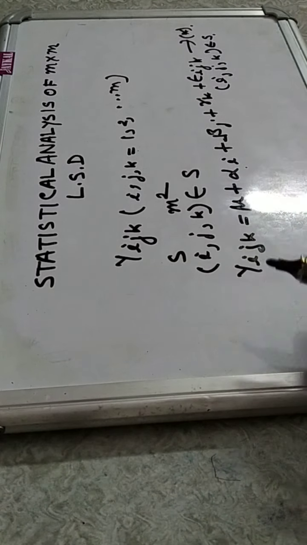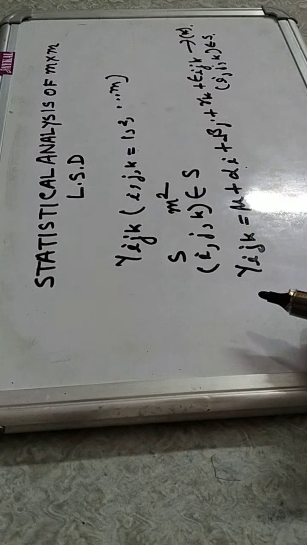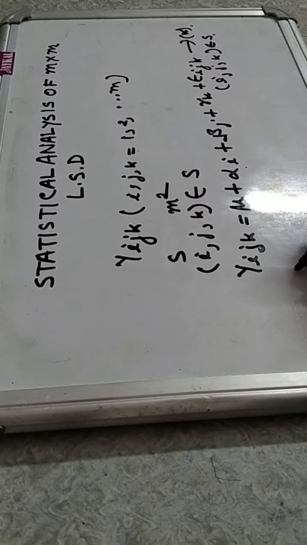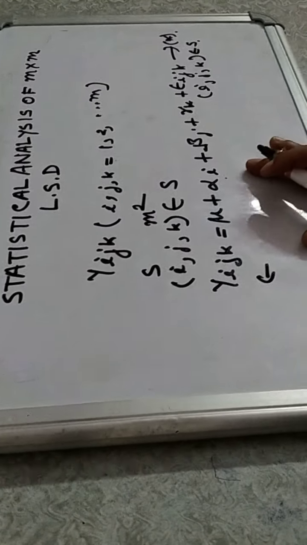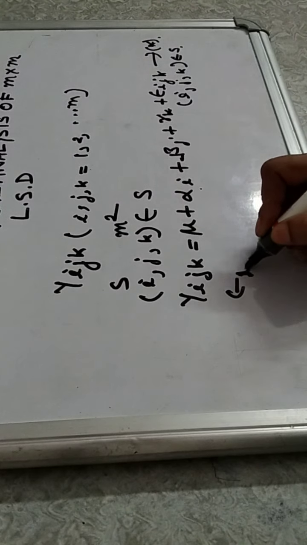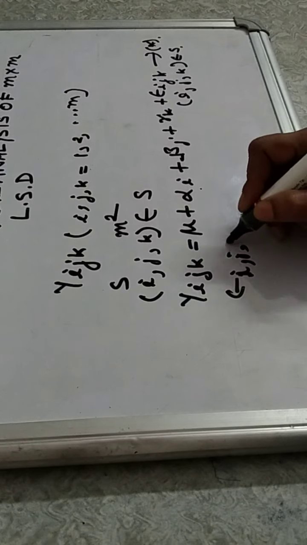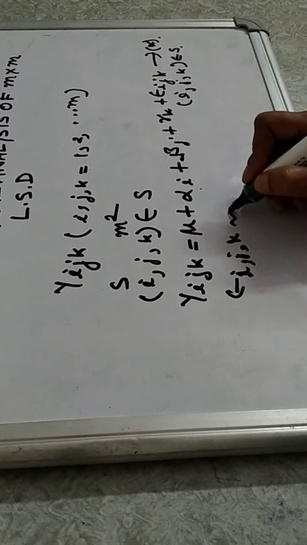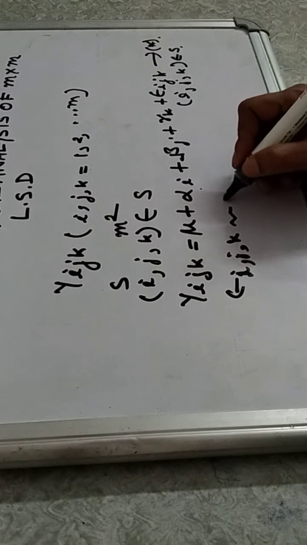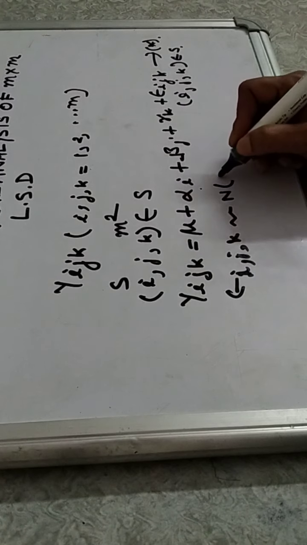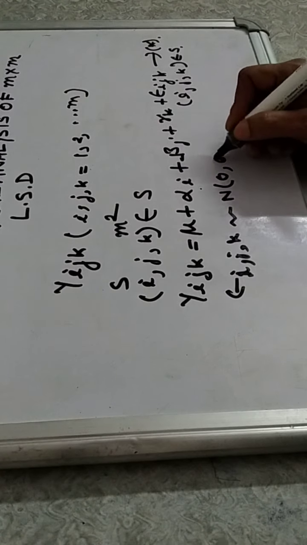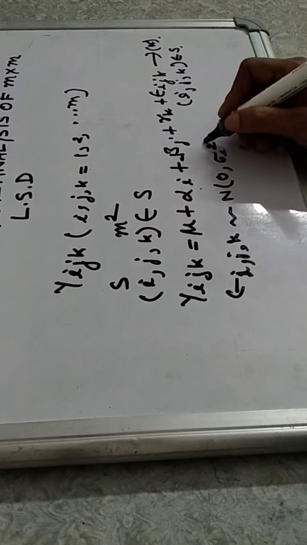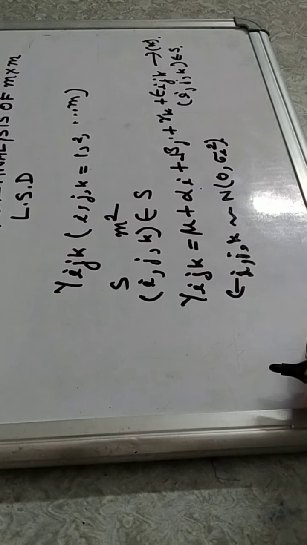That is, epsilon ijk follows normal distribution of mean 0 and variance sigma e square. Is it clear?